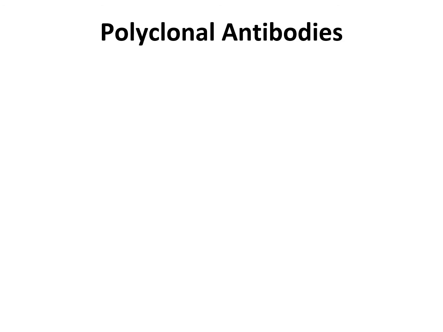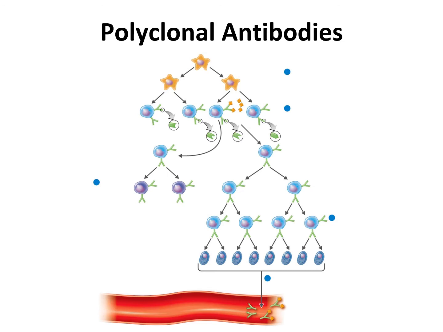If a test requires antibodies to identify the antigen in a patient sample, then you need to have those antibodies produced. And the easiest way to produce antibodies is to stimulate a primary response in an animal. So remember, before in the lecture I talked about the primary response.